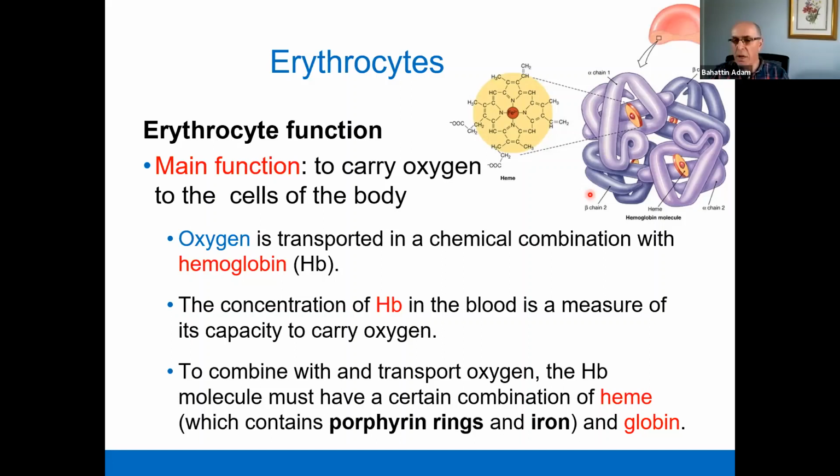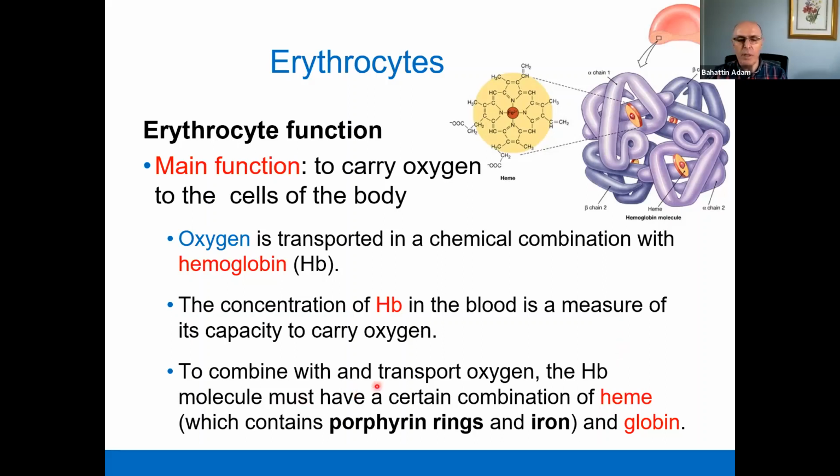Therefore, hemoglobin measurement is the most common measurement in hematology. Okay, if you see some patient, you almost always request a measurement of the hemoglobin. Hemoglobin carries oxygen, and it's important to know the concentration of the hemoglobin.